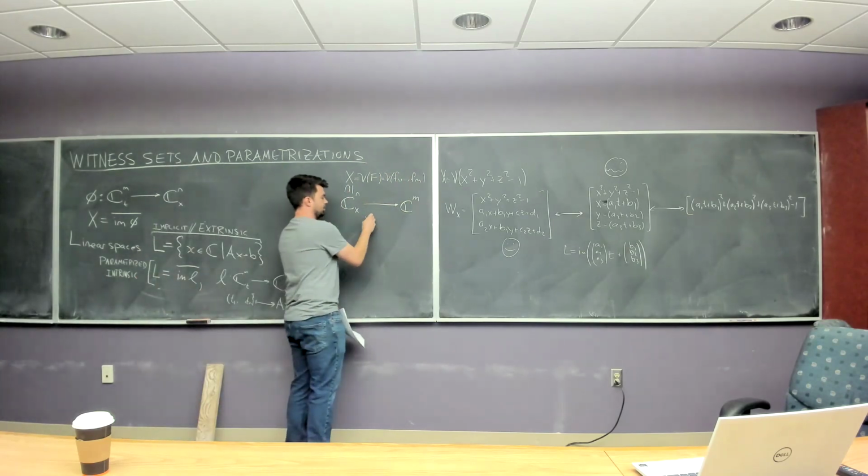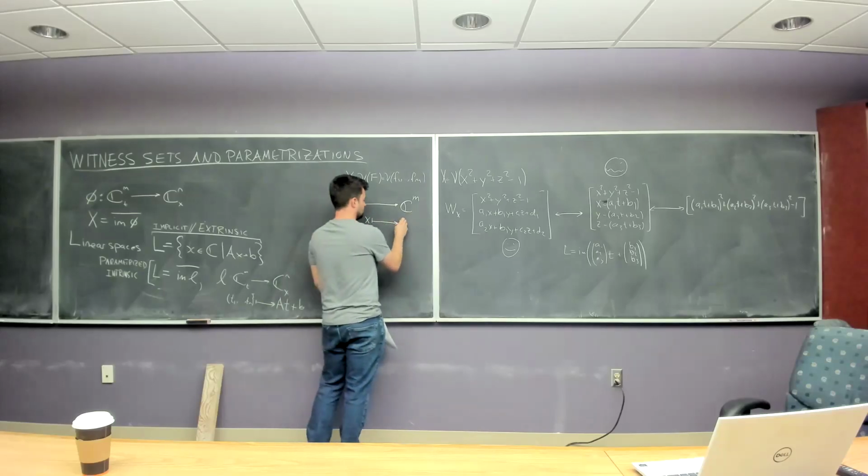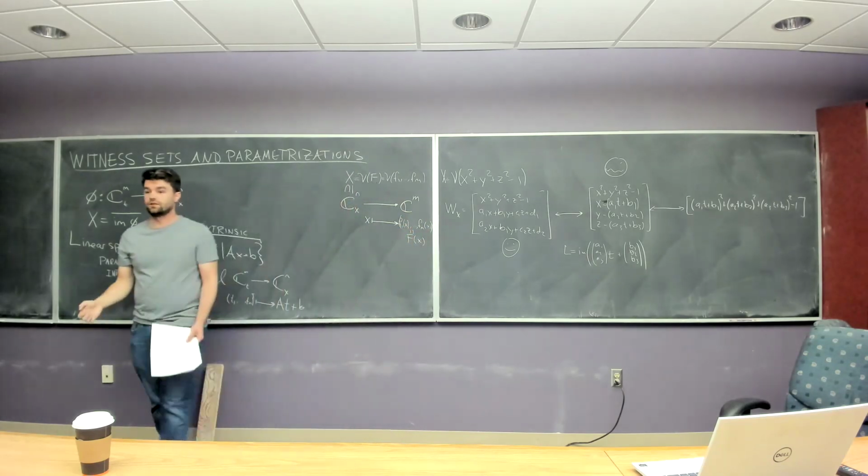You can think about the map which sends an n-tuple in the ambient space to the evaluation of your polynomial system.